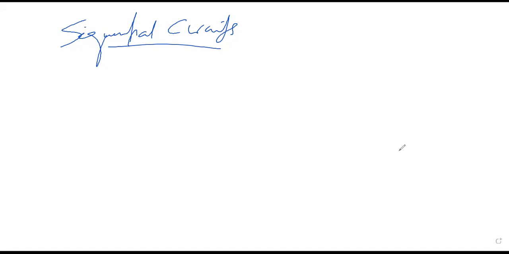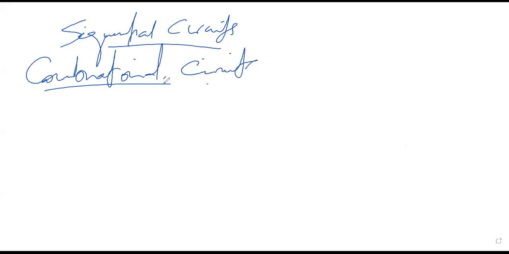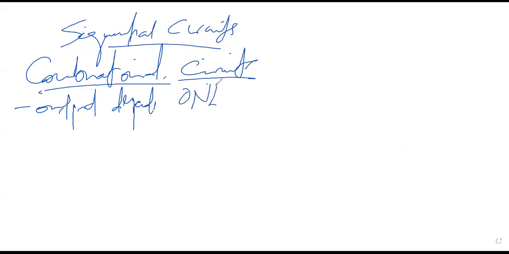Right, sequential circuits. All this while we've been dealing with what we call combinational circuits, and we define a combinational circuit as a circuit whose output depends only on the present inputs.